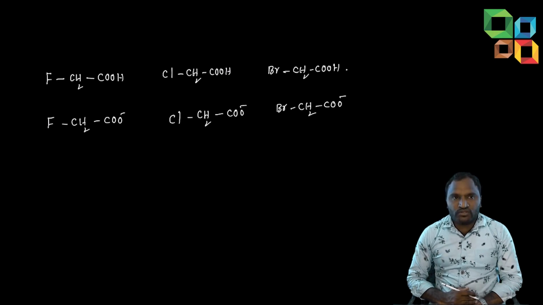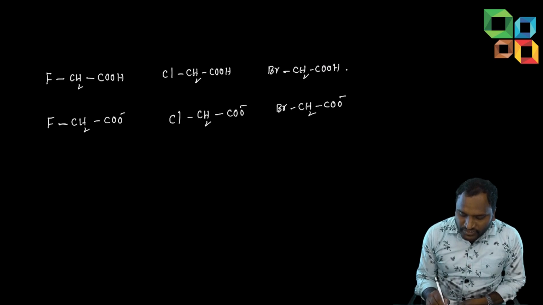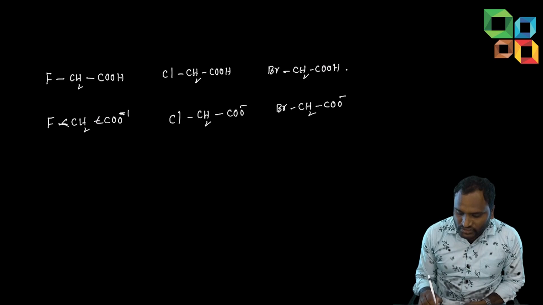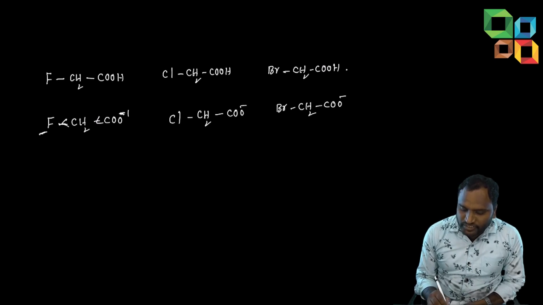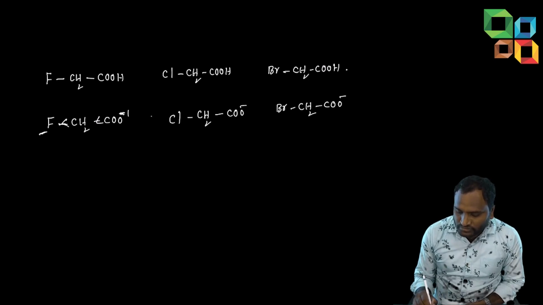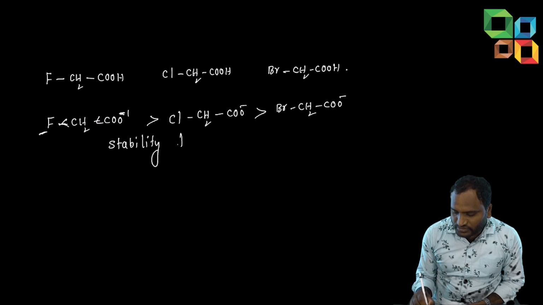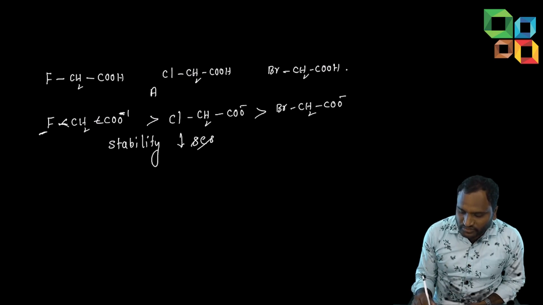If it is more, it will take electrons. This oxygen is finding it difficult now with the negative charge, and fluorine is taking some burden more effectively than the others. Stability decreases, so acidic strength also decreases.